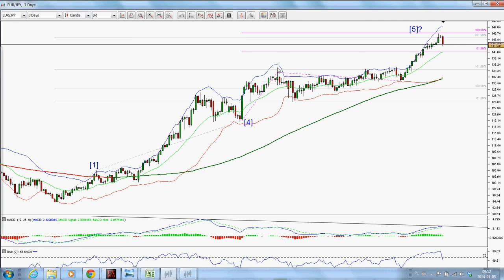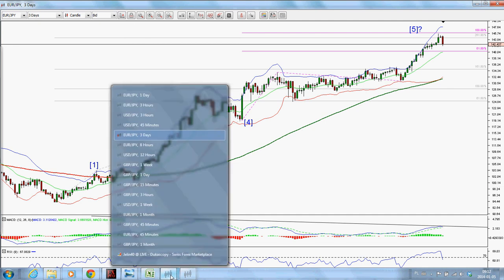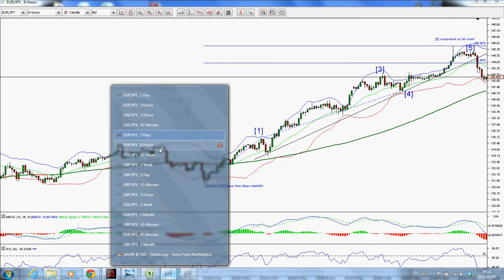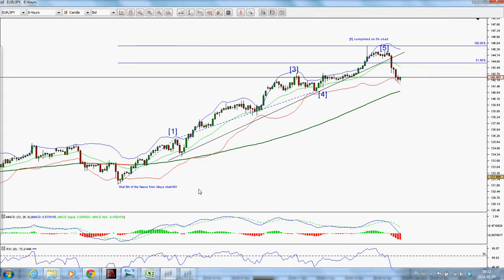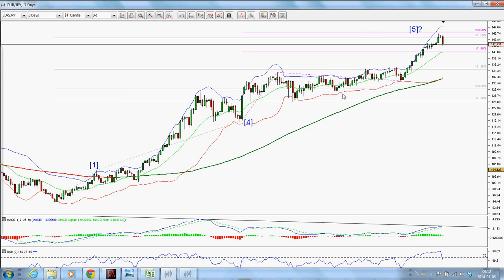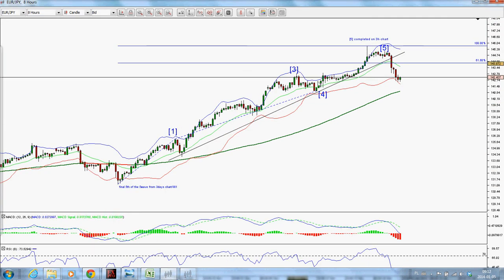There was a 3, 4, final fifth, 1, 2, 3 wave, final 3, and this whole development. I followed this whole development, so you have seen how it was developing. Final fifth from the fifth wave from the weekly on the 3-day chart. So this is the final fifth development.